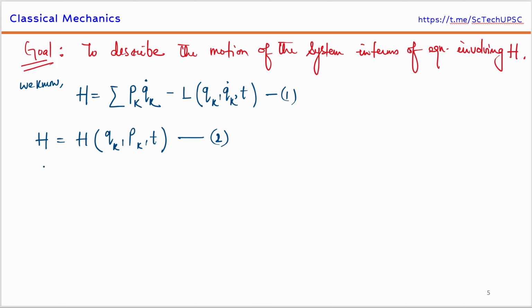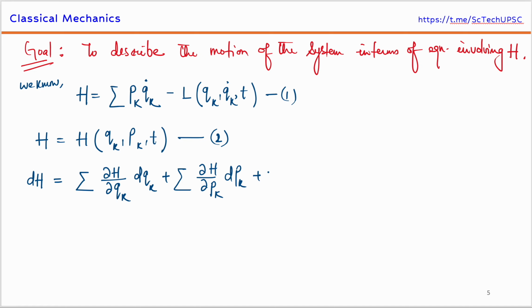Now let's take a differential of these, dH. dH we can write as del H by del qk dqk plus del H by del pk dpk plus del H by del t dt.